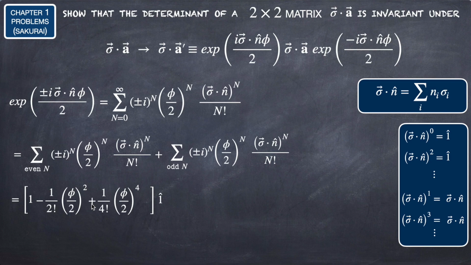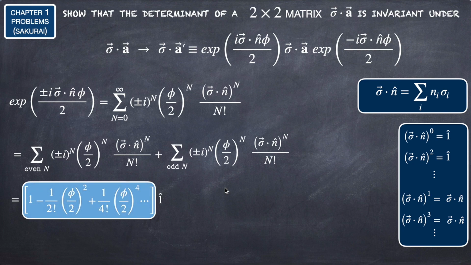So you get this positive sign, the same considering the negative 1 here. 1 over 4 factorial, phi over 2 to the power of 4, and so on. Every term will have this identity as a factor. And before calculating this, we can already recognize this sequence as the cosine of phi over 2 multiplied by the identity.